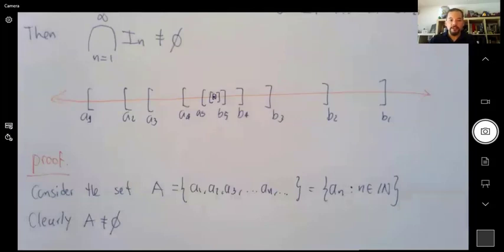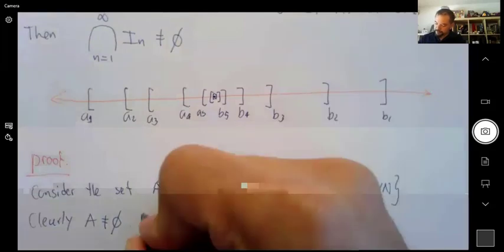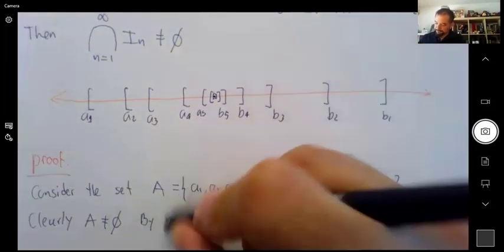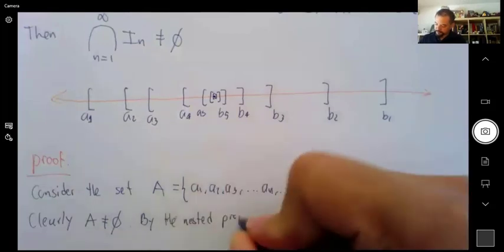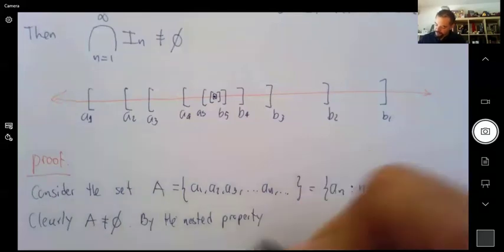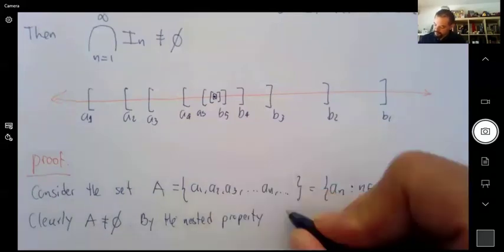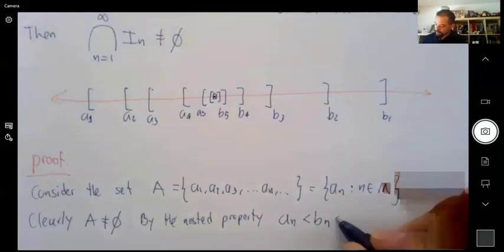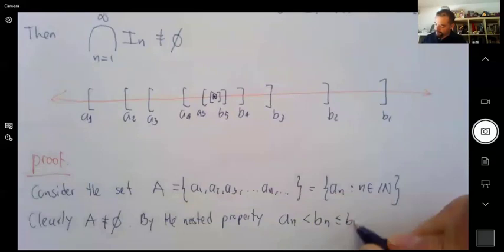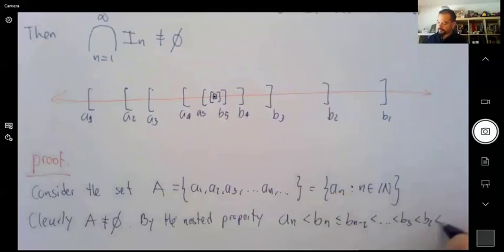What you can see here is that because of the nested property, we know that A_n is less than B_n, right? And then B_n is smaller than B_(n-1), et cetera, less than B3, B2, B1, whatever those numbers are.